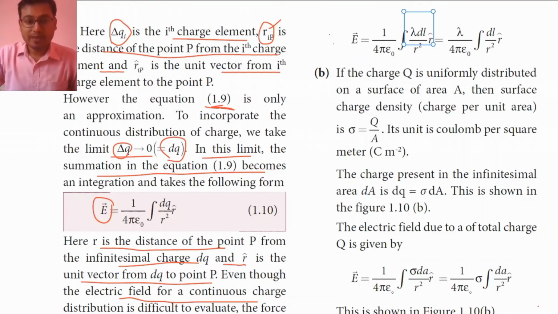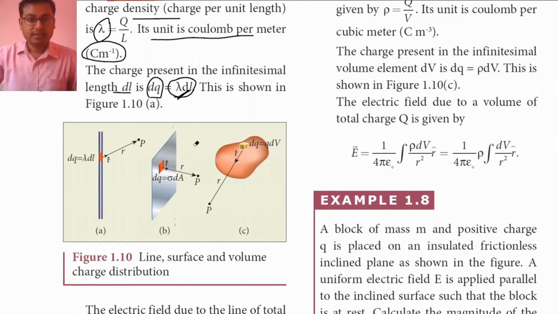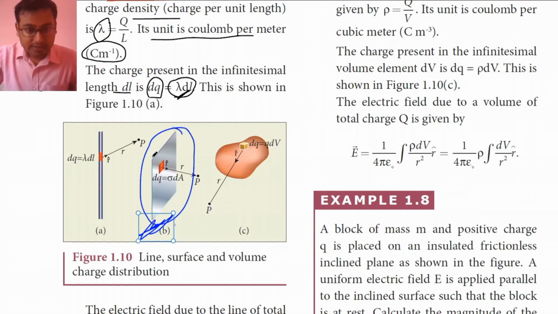Now coming back to our second figure, let us see it once again, figure 1.10b. Here this is a uniform space, in the form of a square or rectangular figure, and charges are distributed uniformly on the surface.